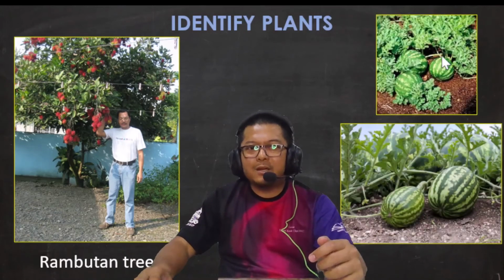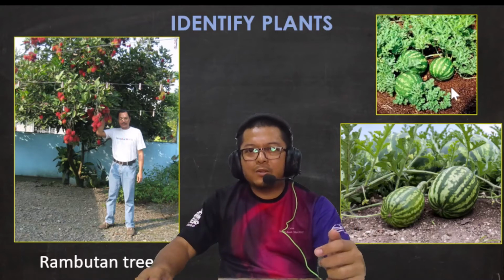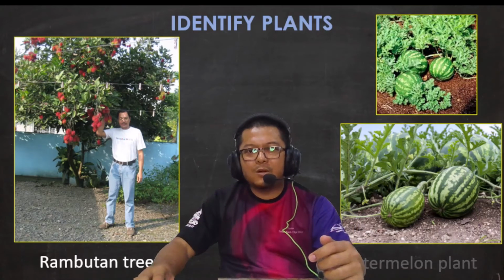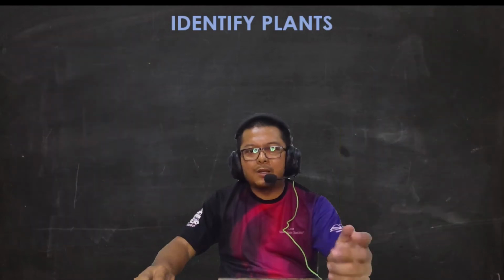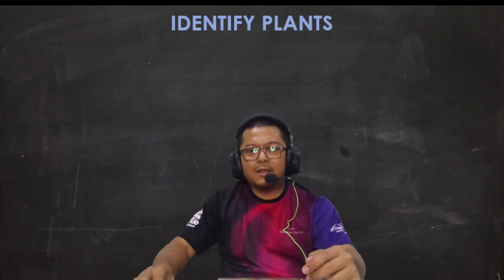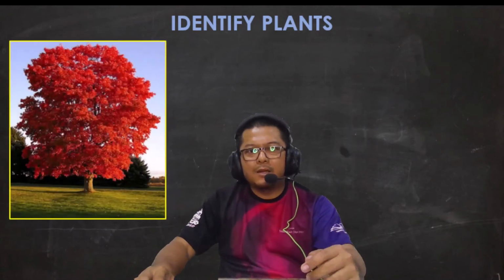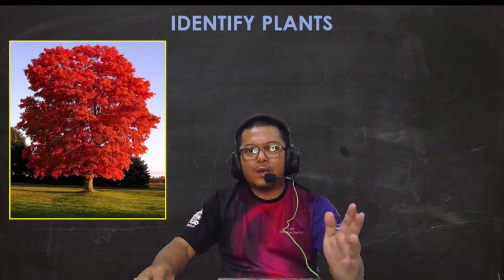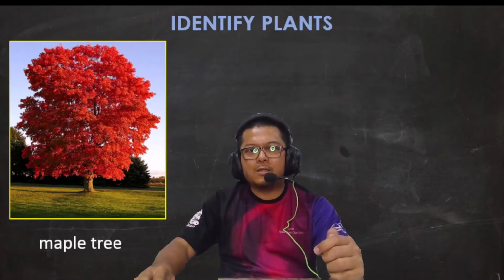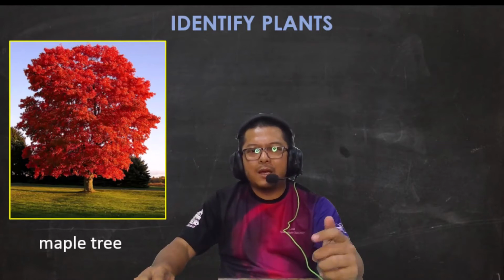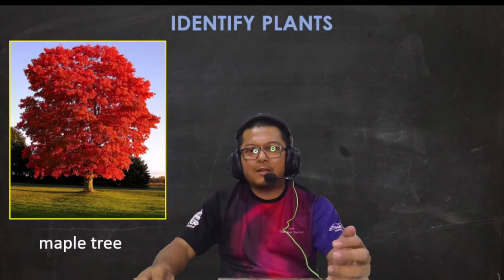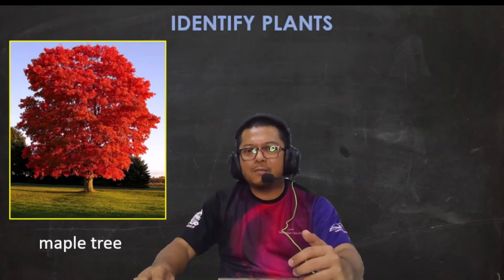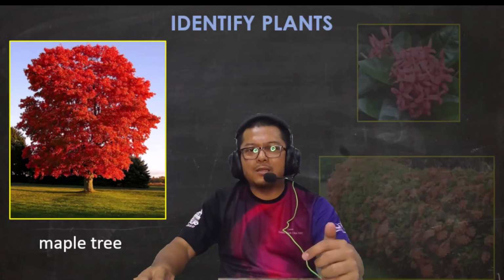And then another one, everyone knows this, I think. This is called a watermelon plant. Let's take a look at another type of plant. I don't think we have this plant here. We do not have this plant in Brunei Darussalam. This is called a maple tree. From the maple tree, it can produce maple syrup, a sugary liquid for our pancakes.